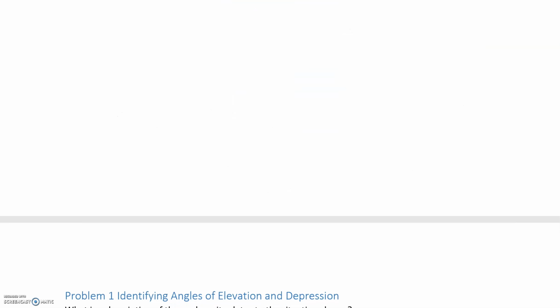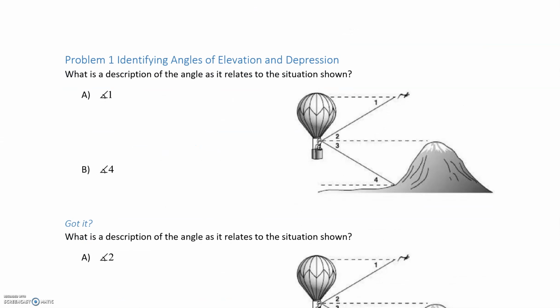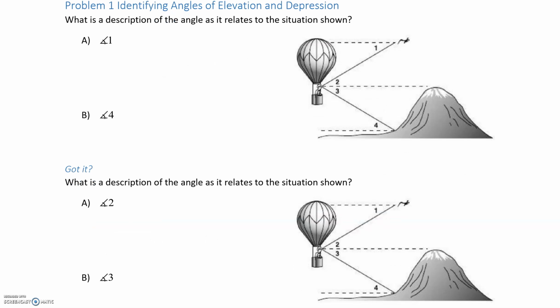Okay, so if we move on to the next page, the first thing we want to do is just figure out which are angles of elevation and which are angles of depression. If we start up here at this bird, we notice that the horizontal line is dotted and the angle that it's forming for angle 1 goes down, which means this is an angle of depression because it's going downwards.